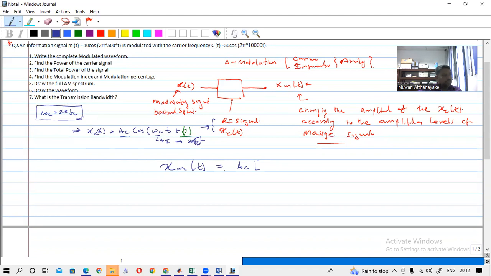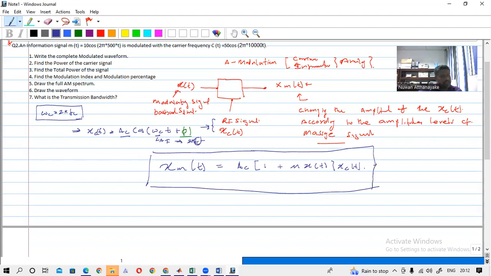So now xm(t) is equal to Ac (1 + mu x(t)) xc(t), with our message signal x(t) and our carrier signal xc(t). This is the expression for the amplitude modulated signal.